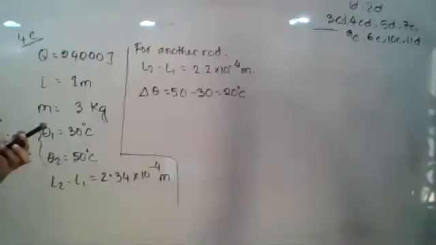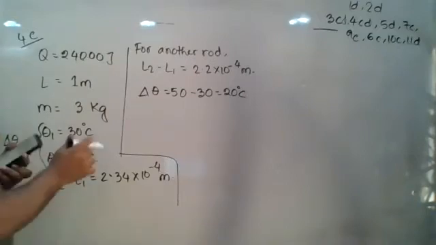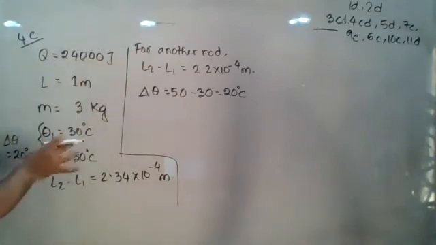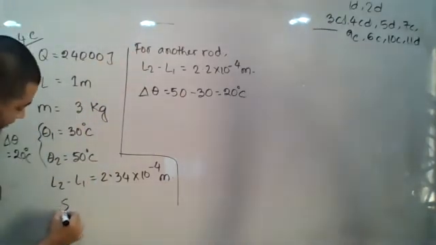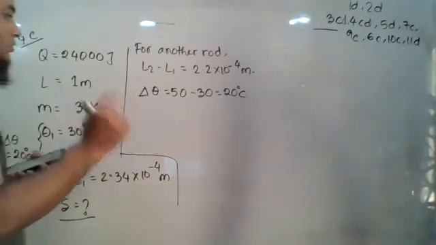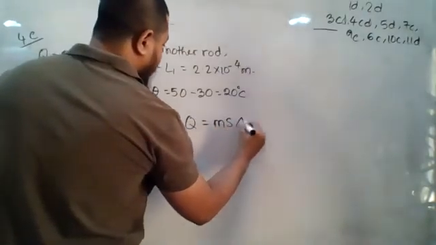Now in C, they are asking to find the specific heat of the first rod. That means we do not need to look at the other rod now. We will consider this data, and from here we need to calculate S. To calculate S, we know only one equation, Q equal to m s del theta.